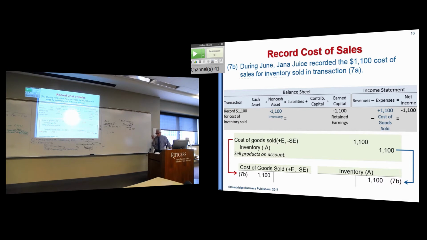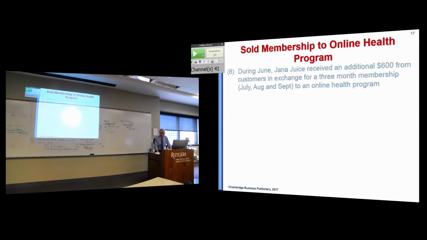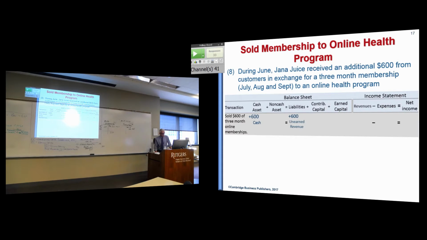All right, just a couple of others, and I'll point out if there's anything critical. We've got our unearned revenues again, the 3-month membership. Cash comes in, that's an operating cash flow. We have the liability, the unearned revenue. And again, it's going to really come back to this issue of having a balance.